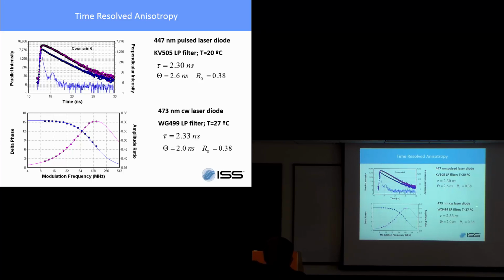Again, the temperature is different, and that's why there is this difference in the rotation. You may read it this way: when the temperature is higher, the motion increases, the molecule rotates in an easier way, and so it rotates faster. That's why the rotational correlation time is shorter, 2 nanoseconds.